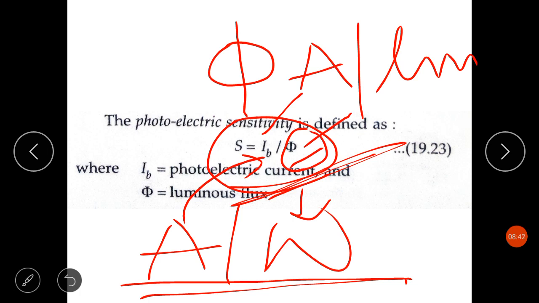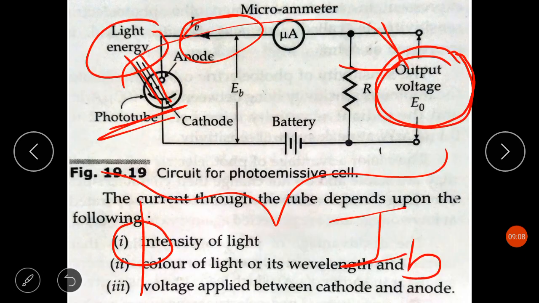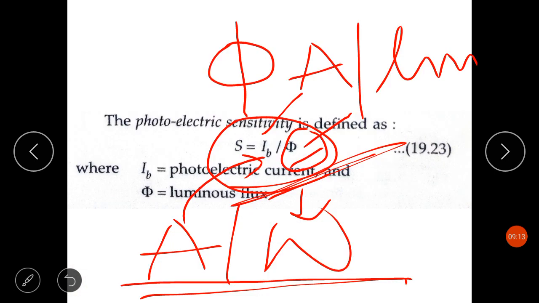Even if I take the wavelength of the radiation for which we get the maximum emission of electrons, we will get the sensitivity to be moderate, because the photoelectric current coming out will be in the range of microampere. So the sensitivity is moderate.